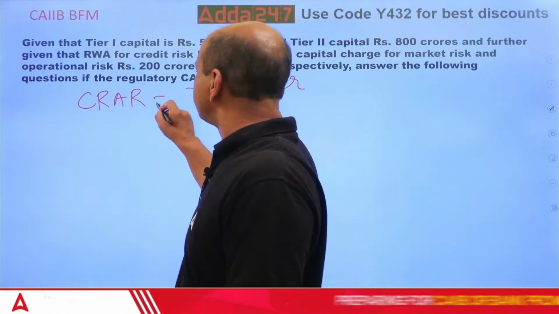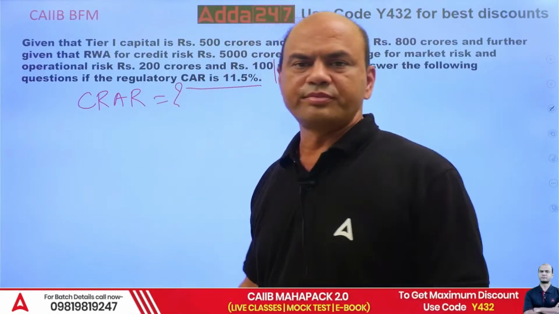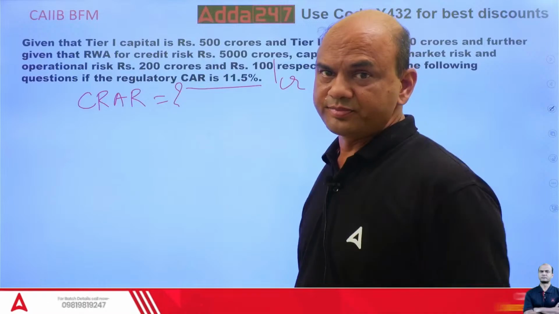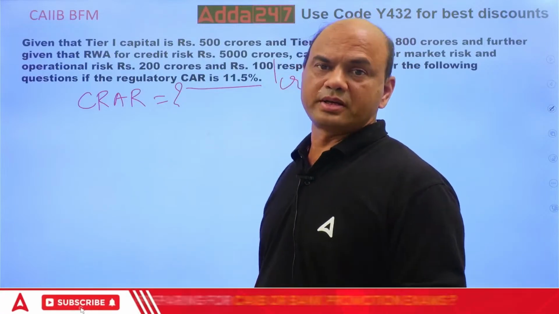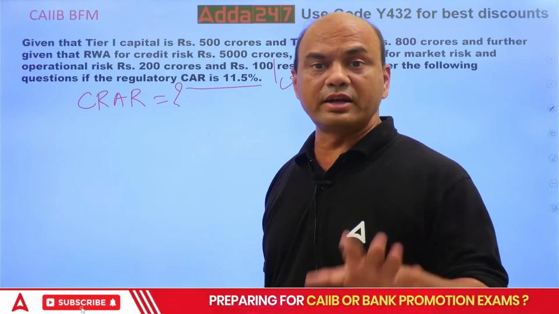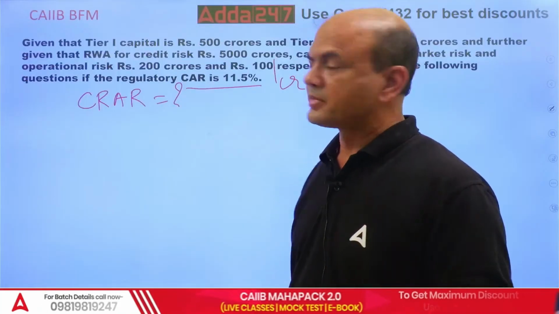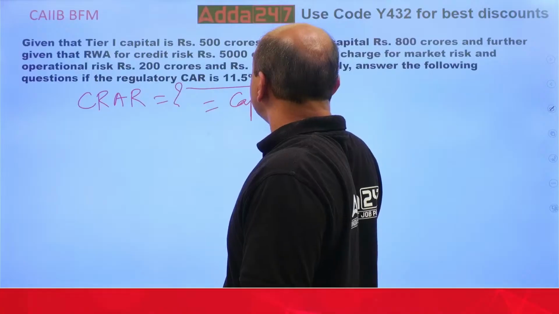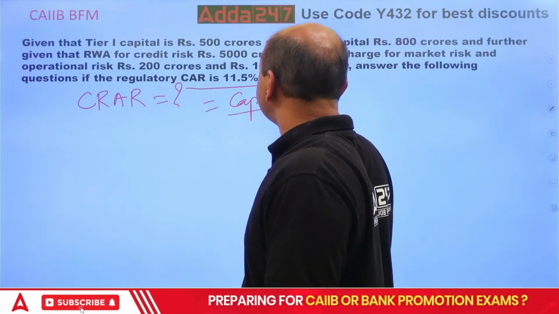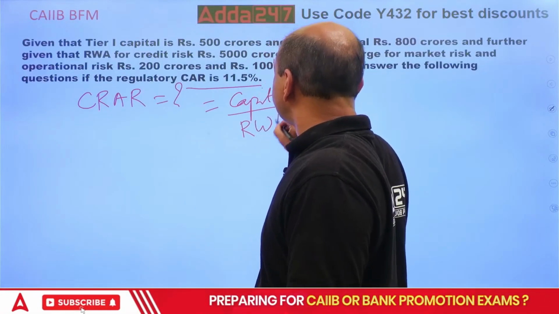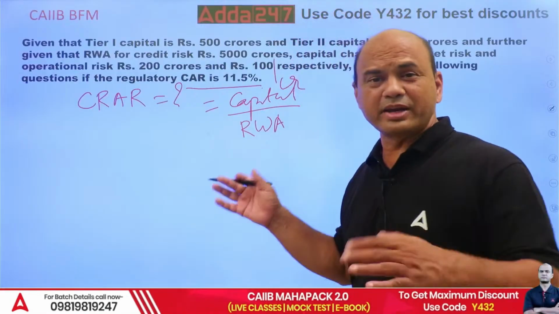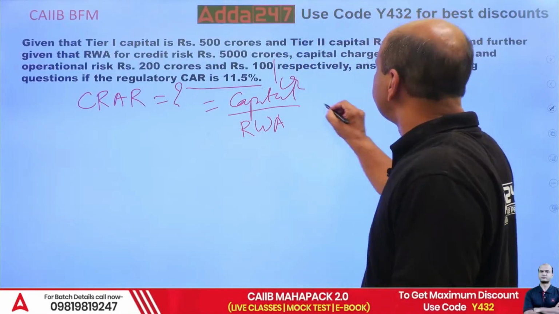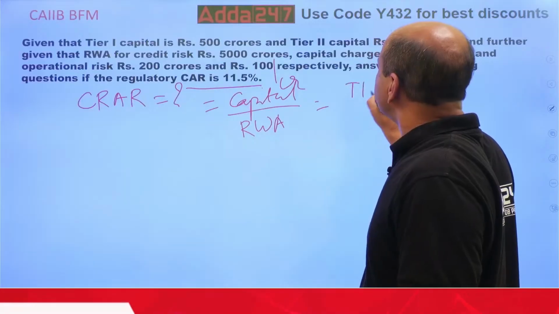So CRAR equals, let's solve. Very important 5 marks numerical. Definitely in the exam. CRAR equals capital upon RWA. Simple. Break it up. Capital means tier 1 plus tier 2.